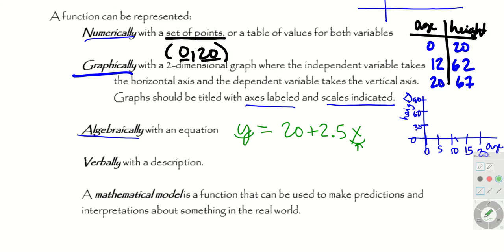Finally, we can represent a function verbally with a description.